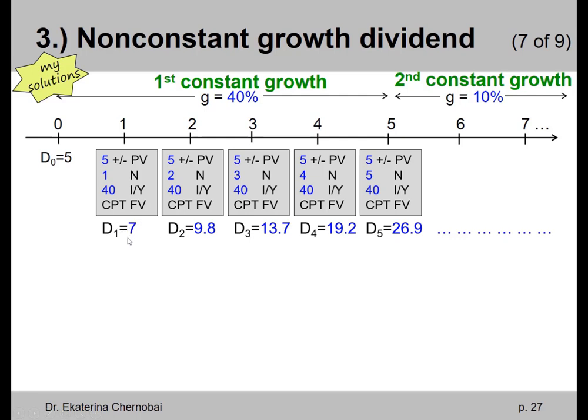$7 in 1 year, then $9.80, then $13.70, then $19.20, then $26.90. All of these are rounded, so it's a good idea to increase the decimal places, right? I'm only showing the answers rounded to the first decimal place.